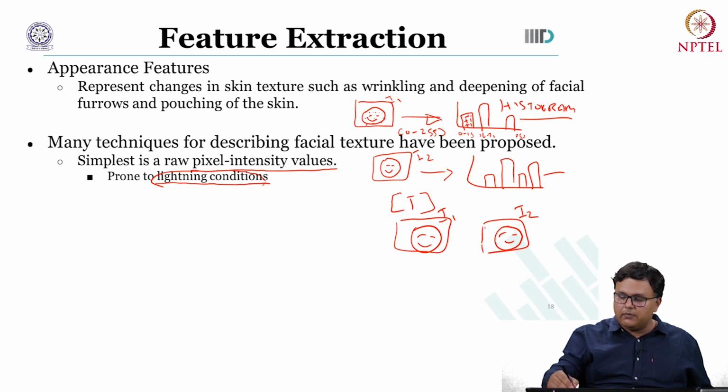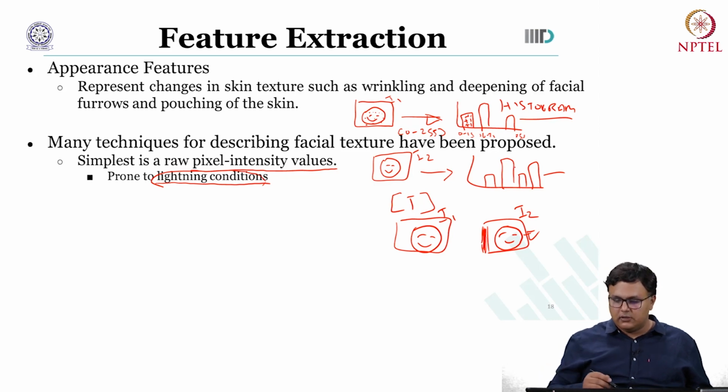Since you are having these intensity-based features, some new information will be added here, some information might go out. We will not always have the same feature representation. If you were to then divide the face into patches, local regions, and wanted to compare region by region so that you have a detailed comparison of the facial regions, the translation will have an effect here.